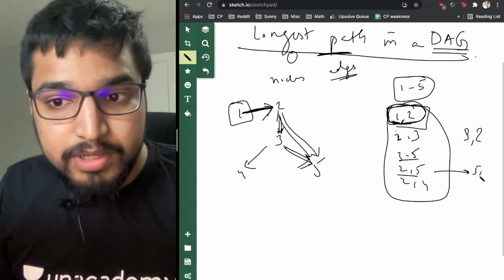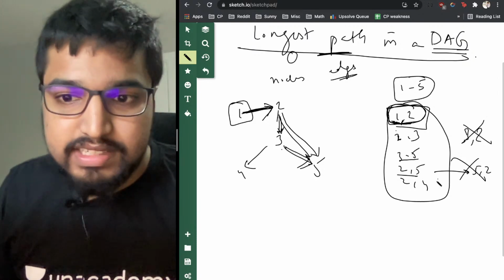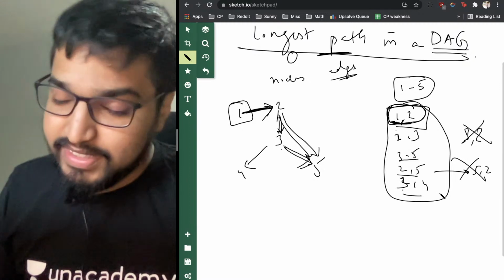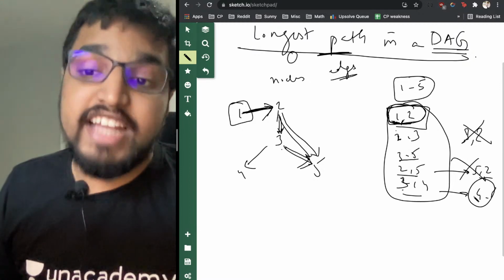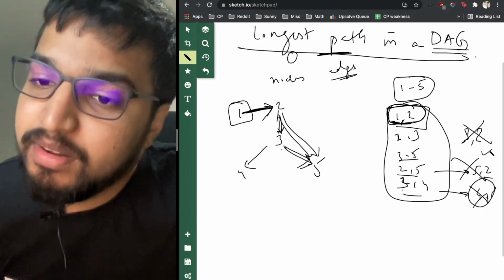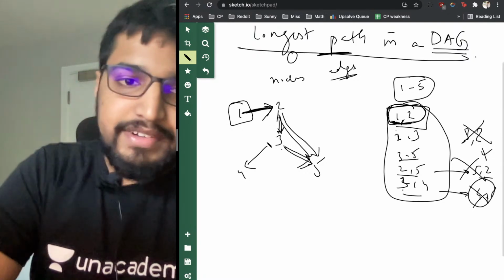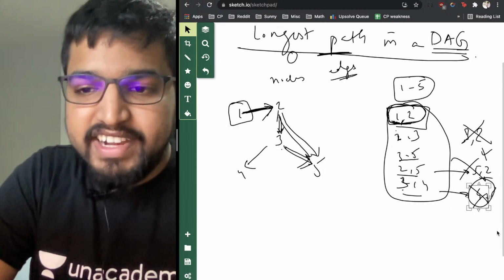We can't write this as 5, 2. And 3 to 4; we can't write this as 4, 3 because it's a directed case. If it was undirected, we could have, but since it's directed, we are not writing it that way. Now, how does a directed graph look?